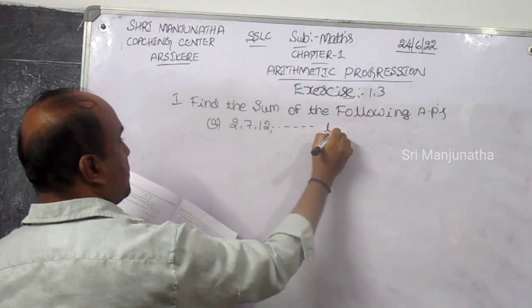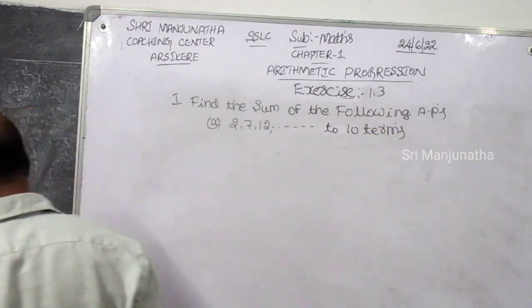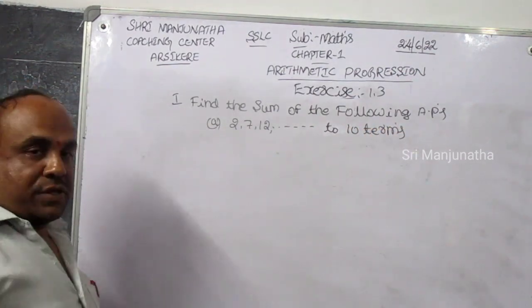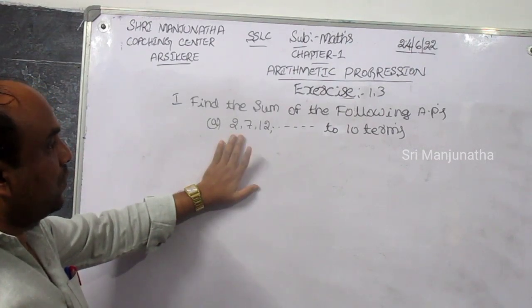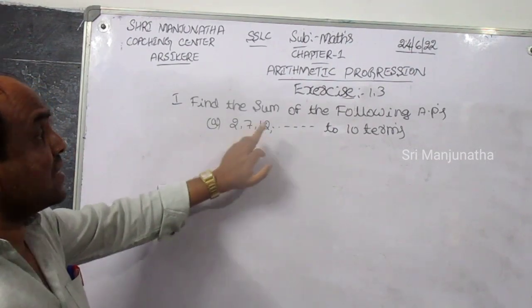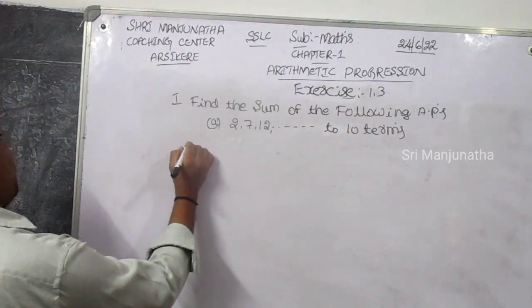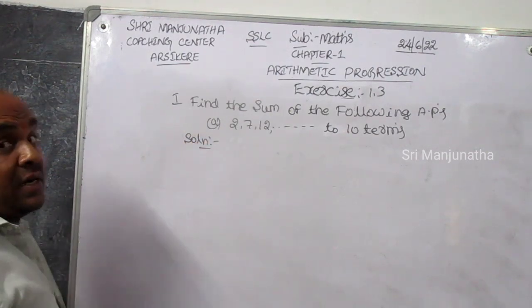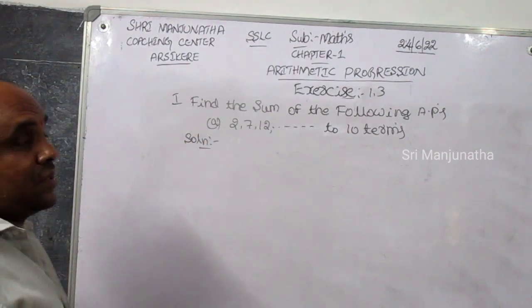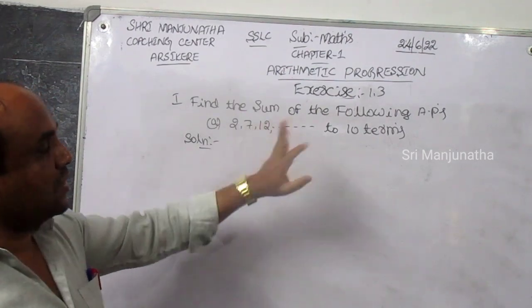To 10 terms is the problem. It is very easy. First you have to understand the problem. Find the sum of the following APs. Okay, we have to find out what? Sum means Sn formula, not an formula. The nth term is an, but sum means Sn.